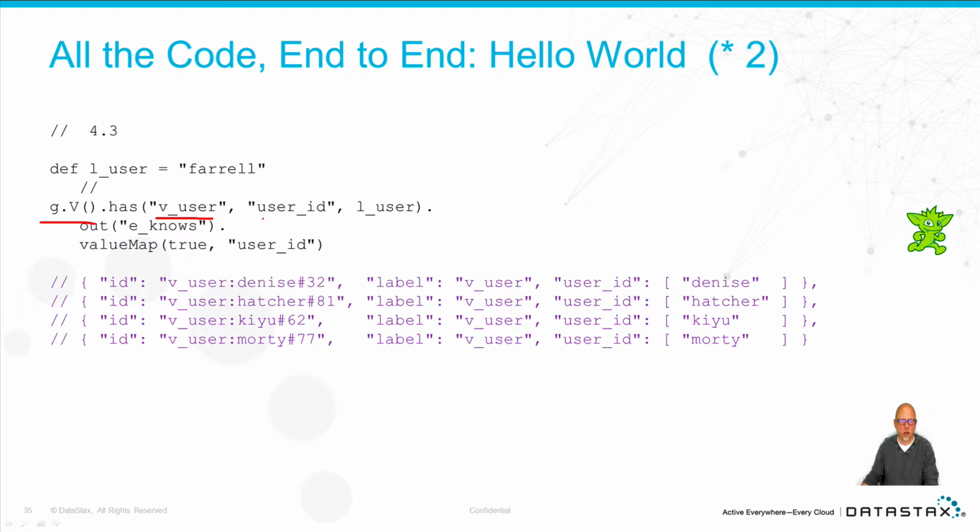And within the vertex called user, I'm going to look at the user ID where LUser equals Farrell. So I'm just going to look at Farrell in the user table. And I'm going to say leaving user on the edge, who does Farrell know? Leave and figure out who he knows. Start with users, leave on knows, who does he know? And return all columns and the user ID.